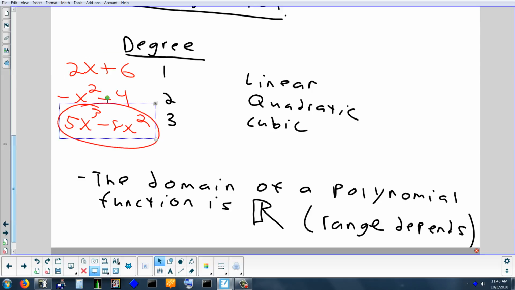You can square any number you want, you can cube any number you want. So the domain is all real numbers. So if you get a question, what is the domain of this polynomial? You shouldn't even think about it. All real numbers. The range depends. I can't tell you the range. That's different in every problem. But at least the domain is the same.